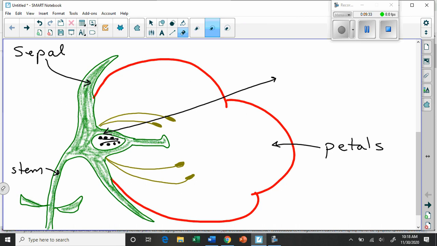And what we have here is the whole sort of rounded area, and inside of the little black dots are the developing egg cells of the plant. They're not seeds. Don't call them seeds, because you don't get to be called a seed until after flowers have had their sex.